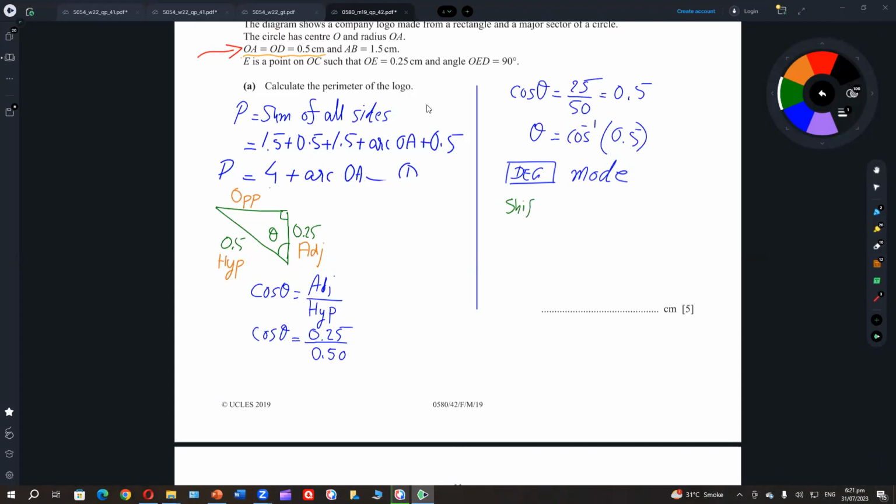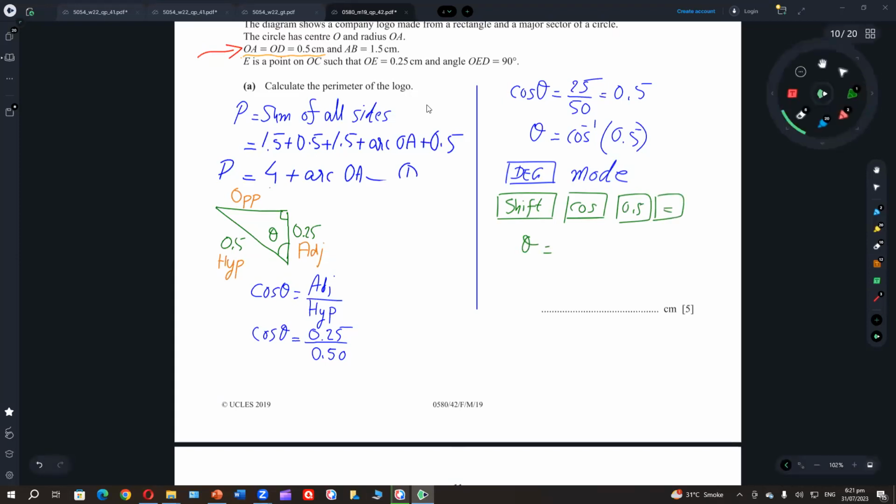Equals. It says 60. Very good. Cos inverse of 0.5 equals, so theta comes to be 60.